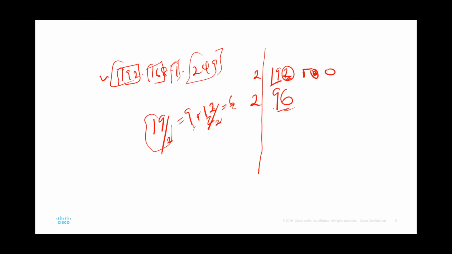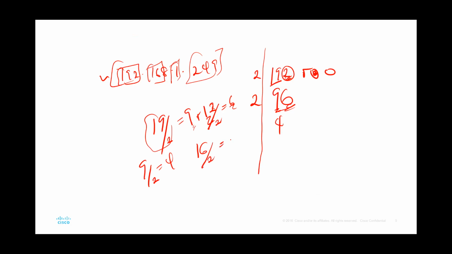You can go straight and say 2 in 96 if it's easier for you, or you can carry the first digit here. 9 divided by 2, you know that will give you 4. You write 4 here. 2 multiplied by 4 is 8, so that means there is 1 left. That one that is left, you bring the 6 that is here in front of that one. That gives you 16. 16 divided by 2.